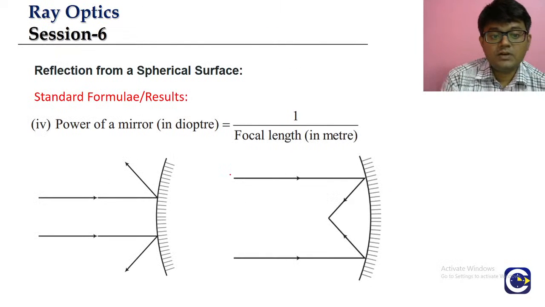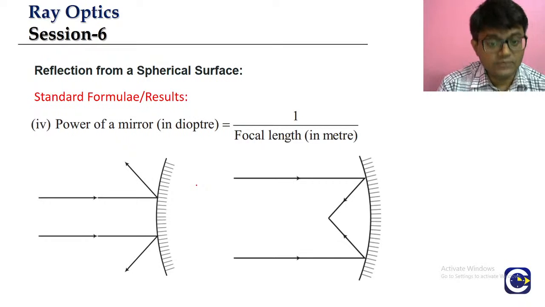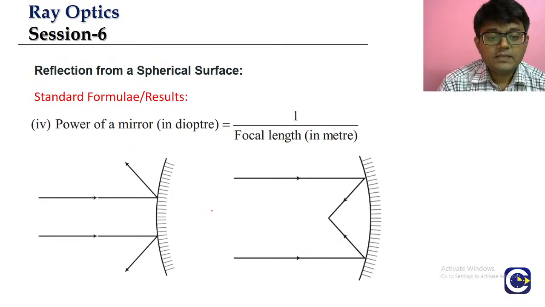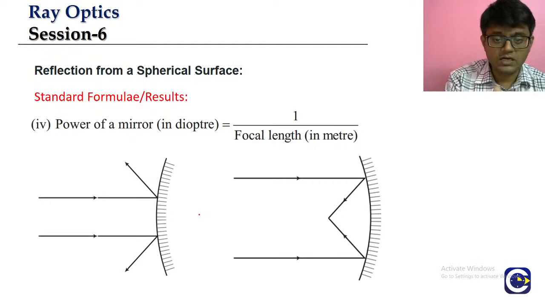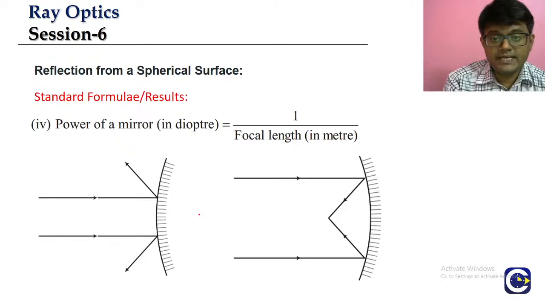Now power is not a generic word here; the context in which power is talked about is this. A convex mirror is diverging, and a concave mirror is converging.